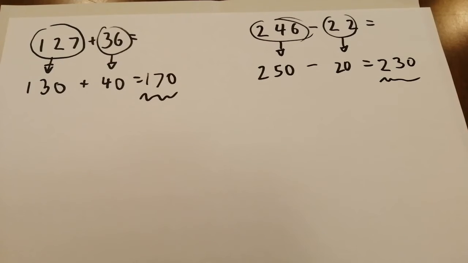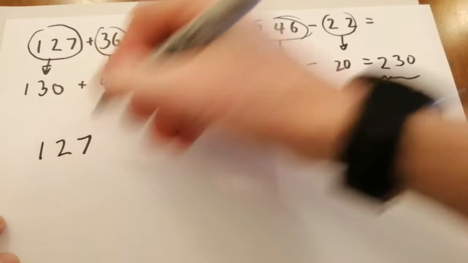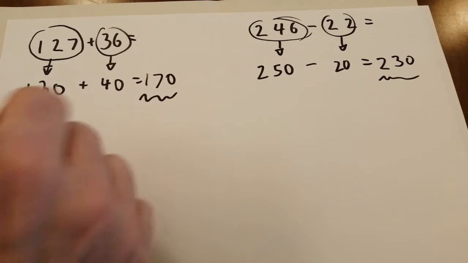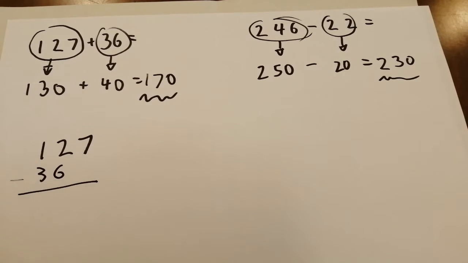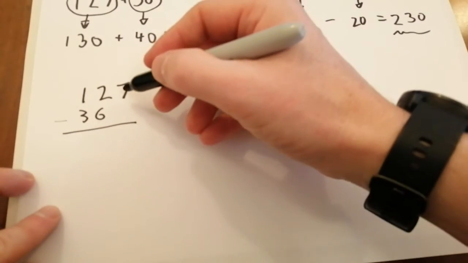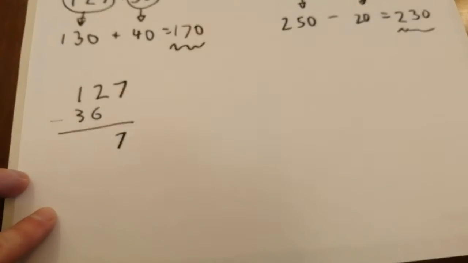Now we've got our estimations to work with, let's actually see what went wrong in the calculations. So the first one looked like this. 127, I'm going to come over here, plus 36. So then the calculation was done. 7 plus, there's nothing here, that must be a 0, that became a 7.